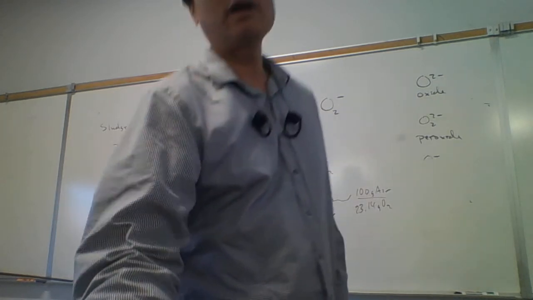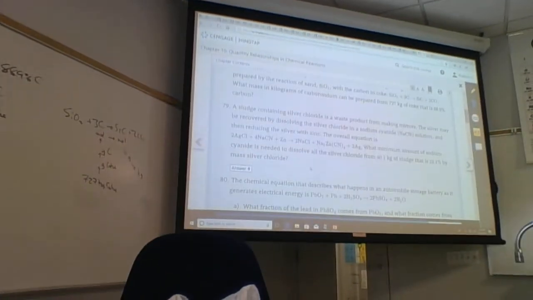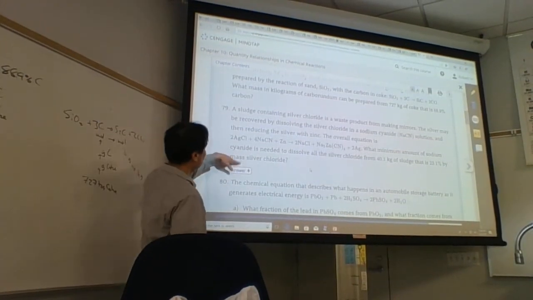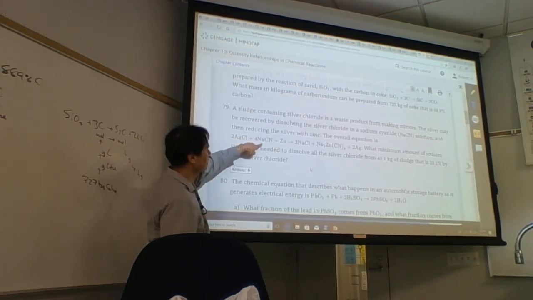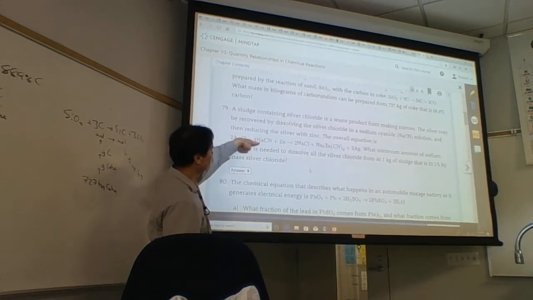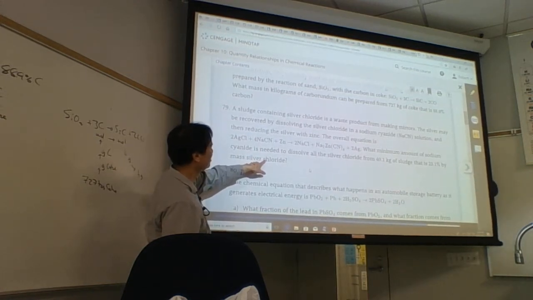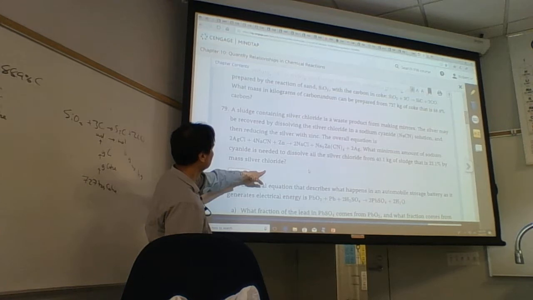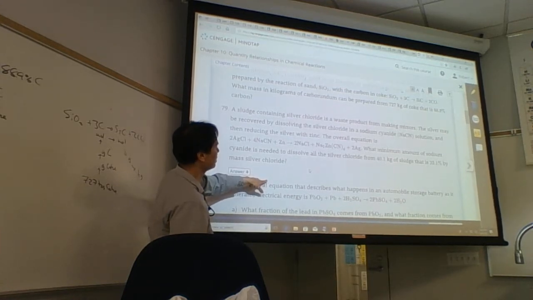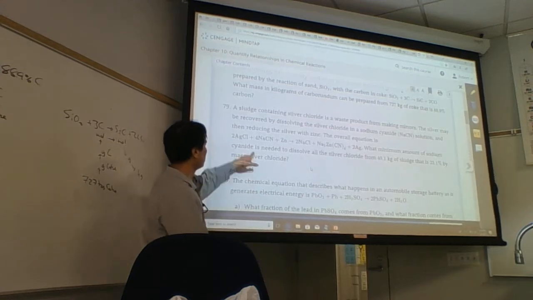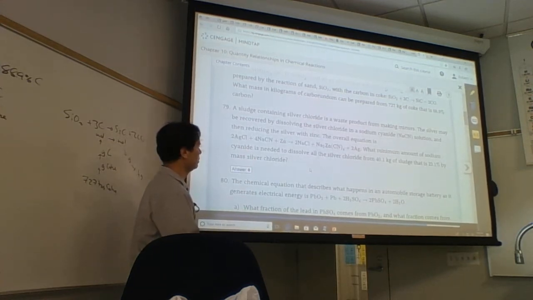And then once I have grams of silver chloride, I would go to moles of silver chloride. And then from moles of silver chloride, I'd go to moles of sodium cyanide. And then from moles of sodium cyanide, I would go to grams of sodium cyanide to kilograms of sodium cyanide. So that would be the amount of sodium cyanide that's required to do it.